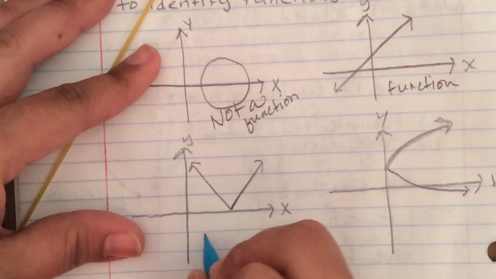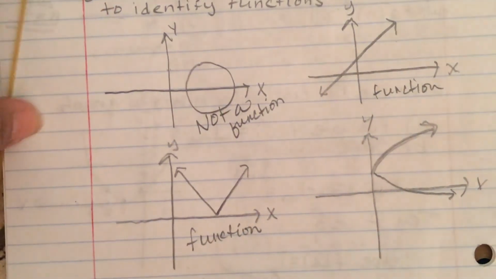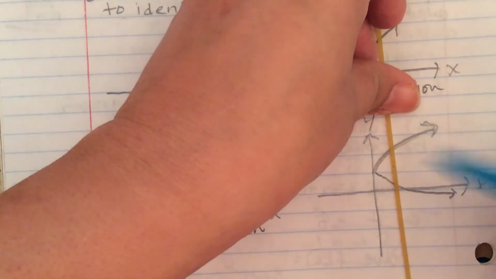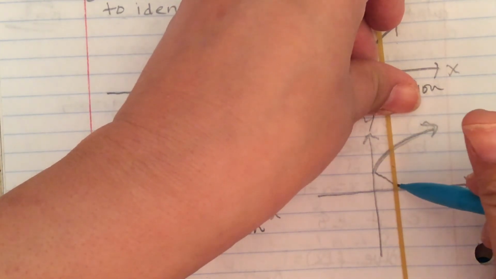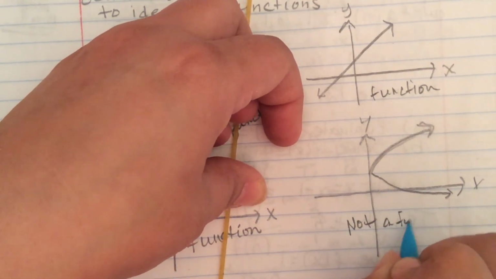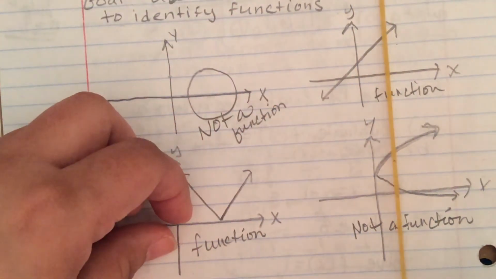So this is a function. So vertical. So right here, the spaghetti gets touched 1, 2. So not a function. So you can use the vertical line test very easily to do that.